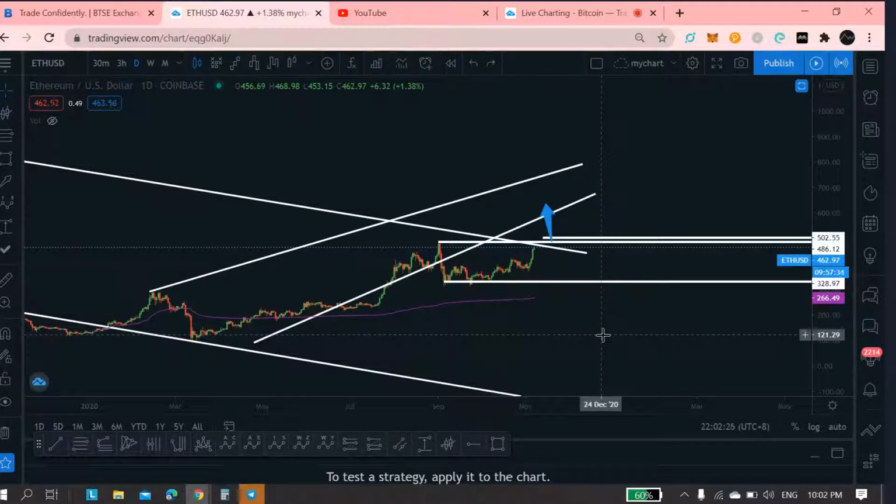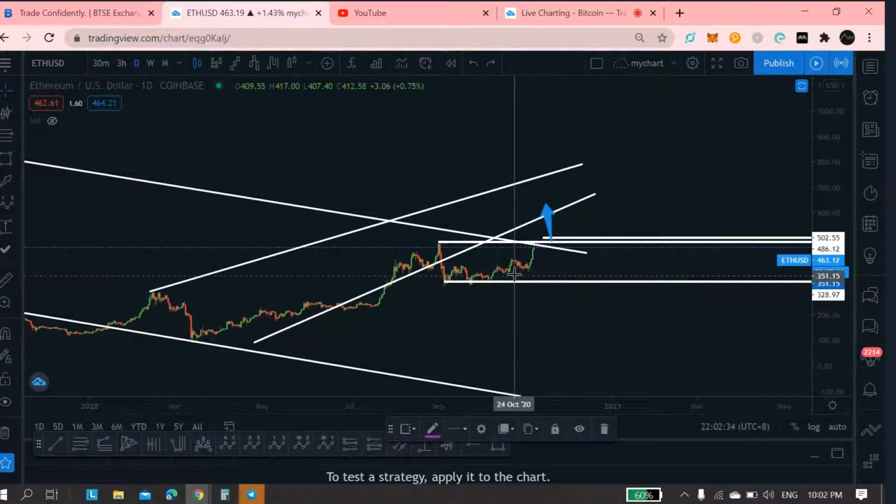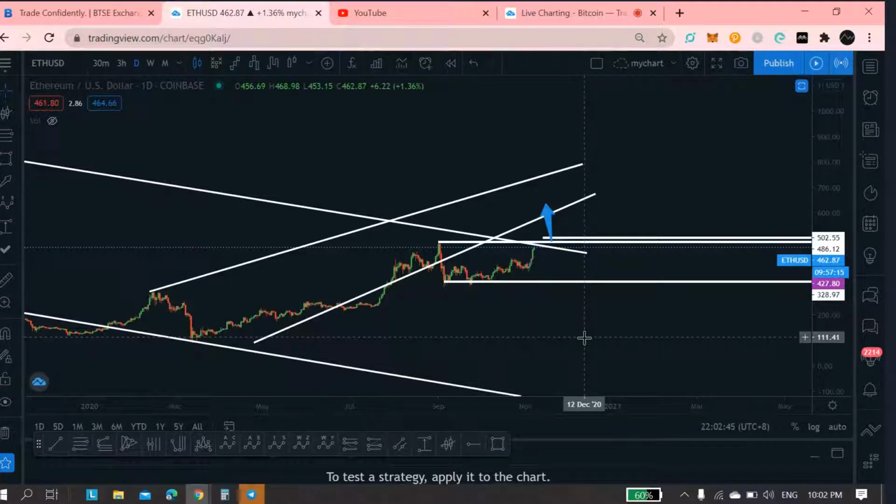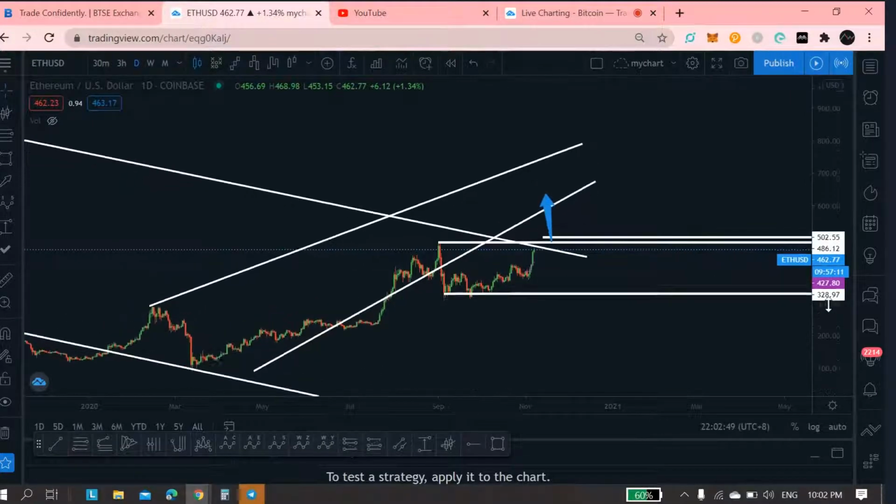So most of them are at a profit. But if you use the lower time frame, which is November only, the average is 427. So we can actually use that as a possible support area.